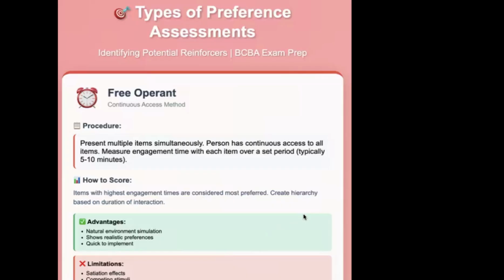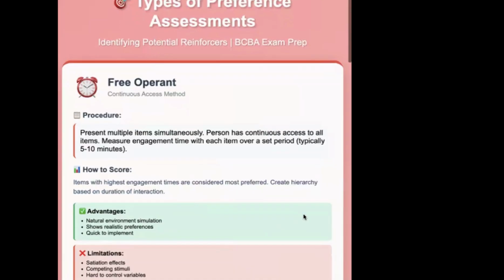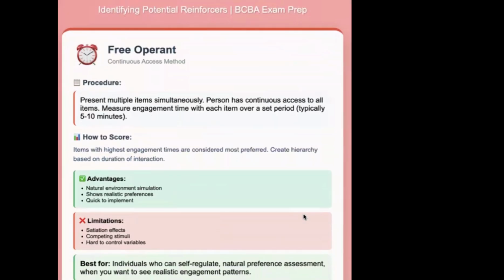The types of preference assessment include, like I mentioned before, free operant. This is the continuous access method where you present multiple items simultaneously, and the person, often younger or someone who may not be able to scan a visual field, has access to all the items, and you score how many items they go to and what they most prefer based on how much and the duration of the interaction.